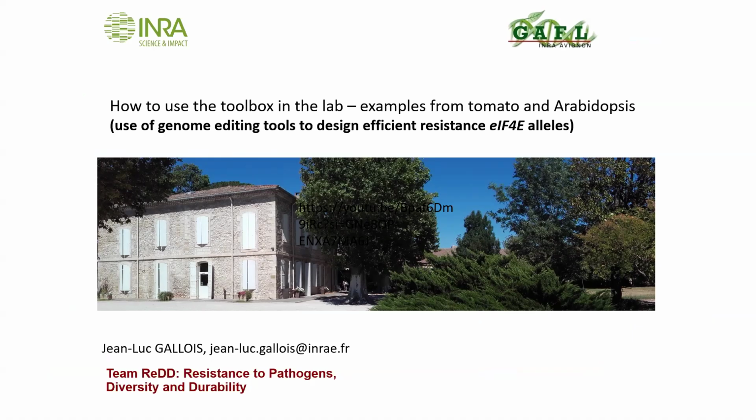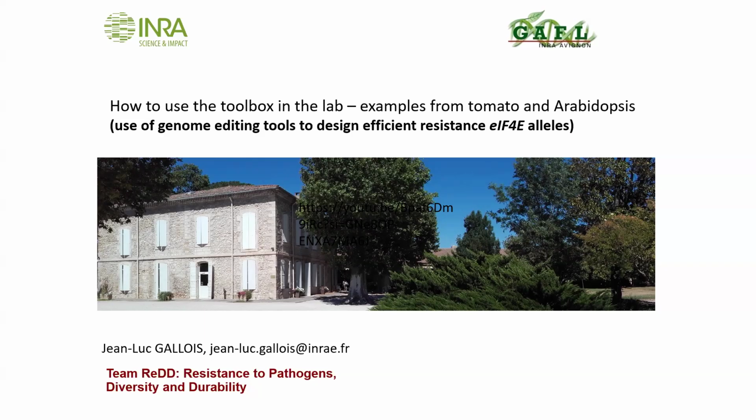But what I would like to illustrate, through different approaches on resistance to potyviruses, is how you need to edit the target gene differently to achieve what you want. We have a research center in the south of France, and we work on resistance to viruses.